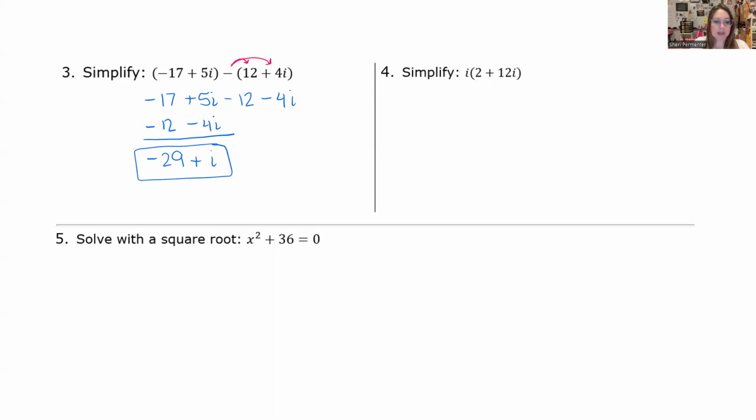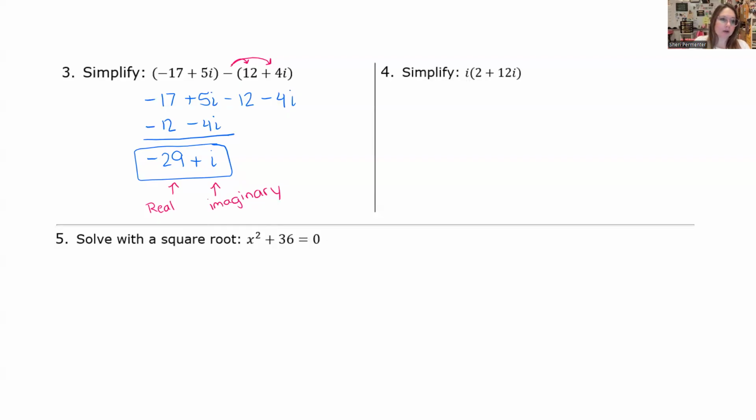We need to remember that it is standard to write the real piece first, and then the imaginary or complex part second. Okay, the real part has to come first.